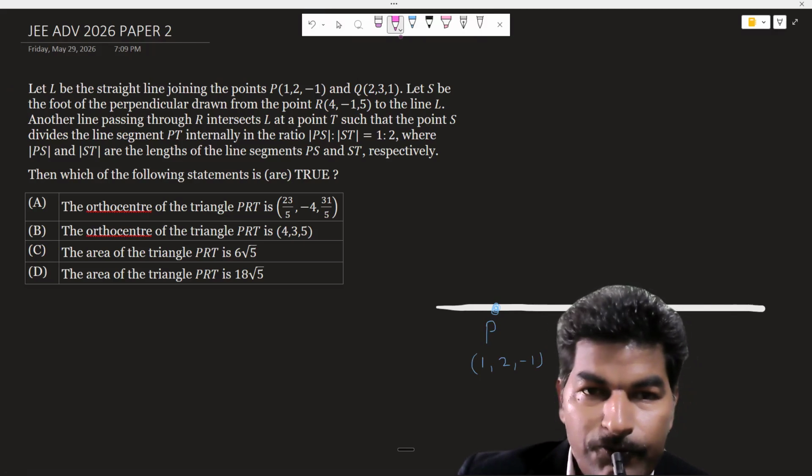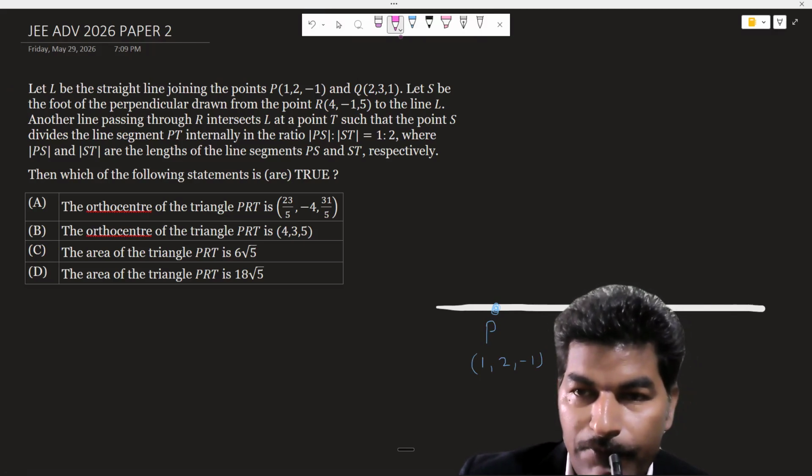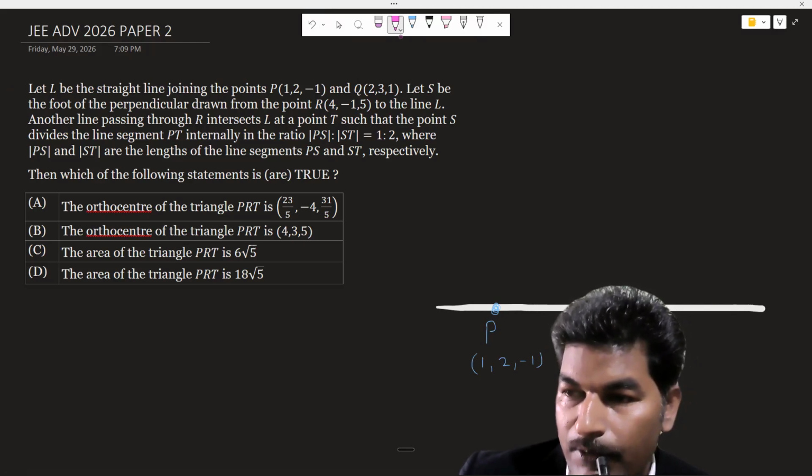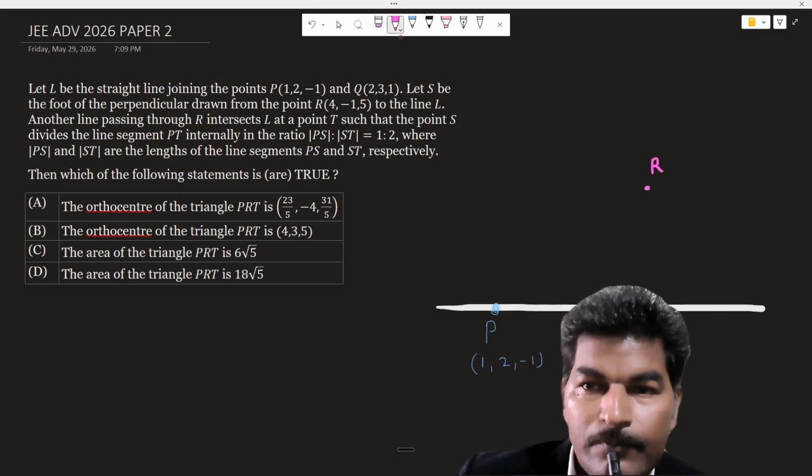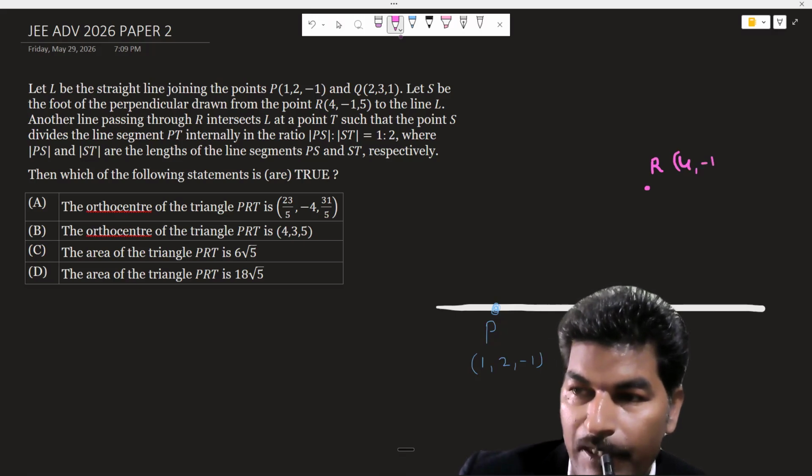Let S be the foot of the perpendicular drawn from the point R. Somewhere there is R, and R was (4, -1, 5).